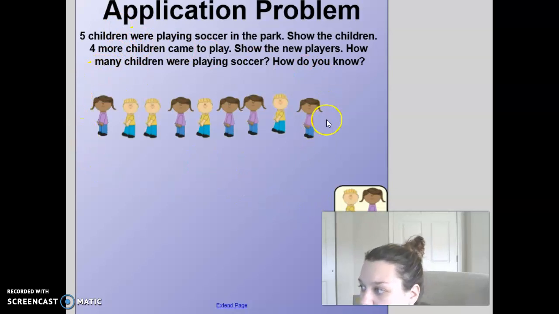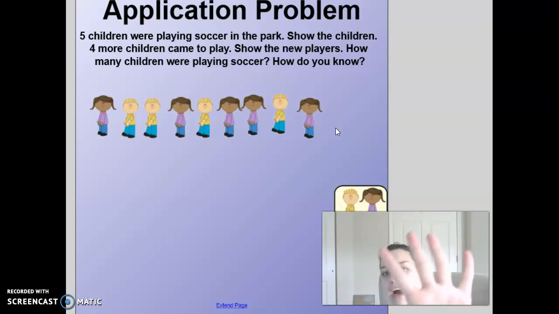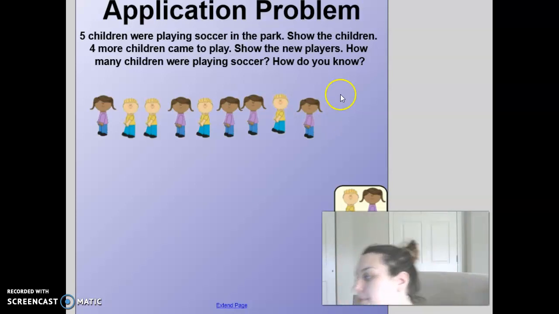We could also count the people on our picture. 1, 2, 3, 4, 5, 6, 7, 8, 9. Wow, we did it right with our fingers too. So we can come to the conclusion that 5 plus 4 equals 9. And if we had a number sentence spot, we would write that right in there.